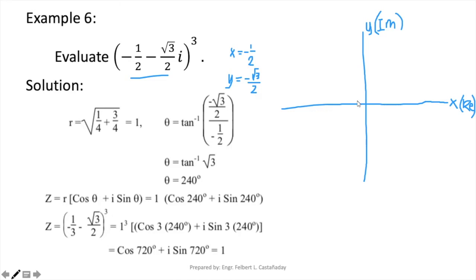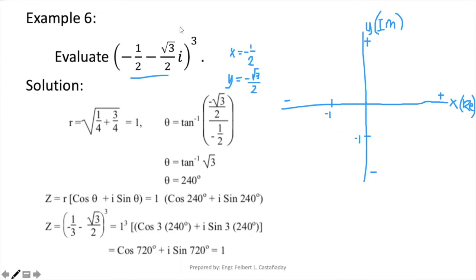Now, if you plot it on the complex plane, x is -1/2. This is the negative side of the x-axis, this is the positive side, and this is the negative side of the imaginary axis. So we have 1, this is -1, and this is -1 for the imaginary axis.